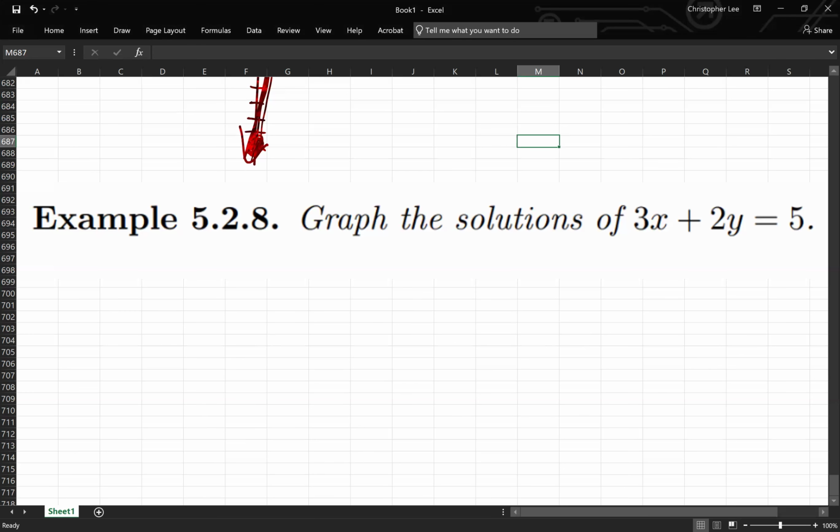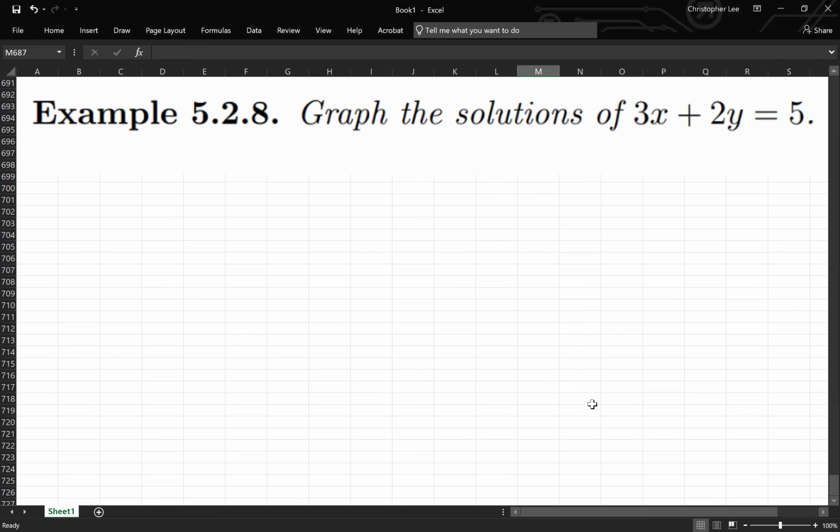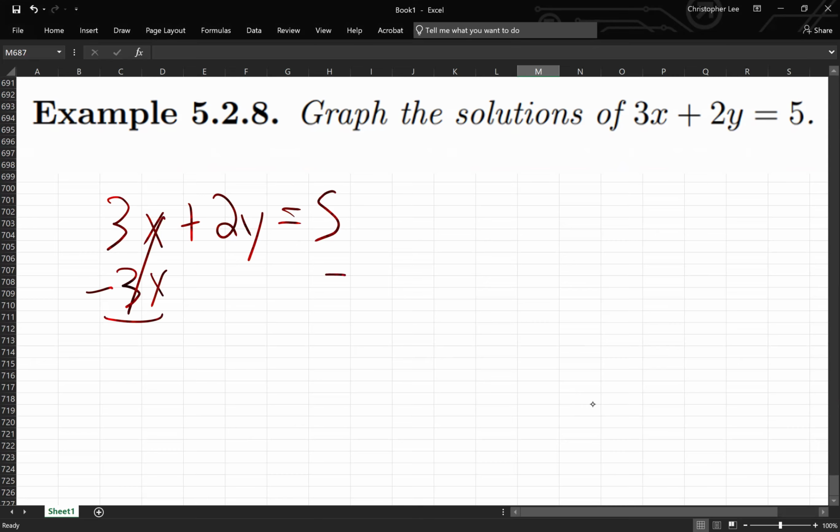All right, let's go over this real quick because I want to show you guys two more things before we leave. So I've got 3x plus 2y equals 5. I'm going to solve for y. So subtract 3x from both sides. I have 2y is equal to negative 3x plus 5.